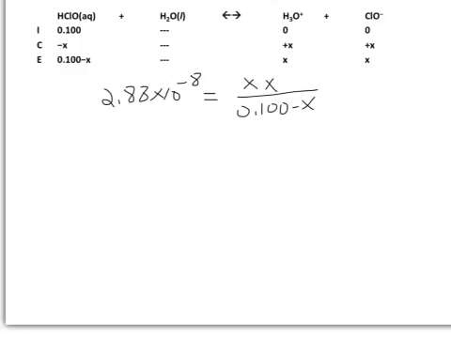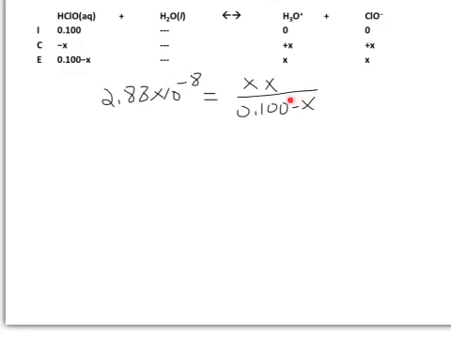Now, we might end up with a quadratic equation to solve, because I'll have an x squared term and an x term. But because our equilibrium constant is small, we can use the K is small approximation that we learned when we first learned about equilibrium. That means x is going to be very small. The reaction is not going to go very far toward the product side to get to equilibrium, so x is very small relative to 0.1.